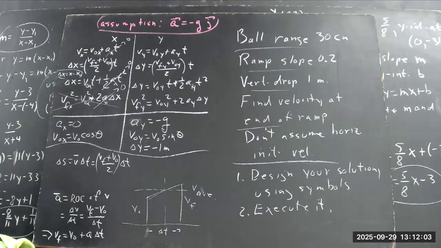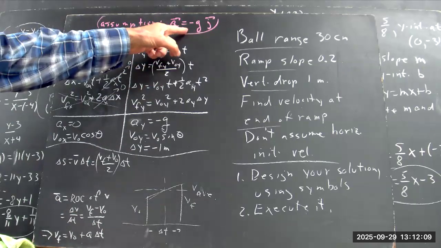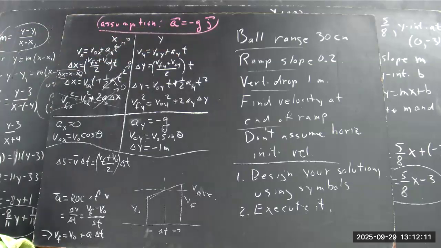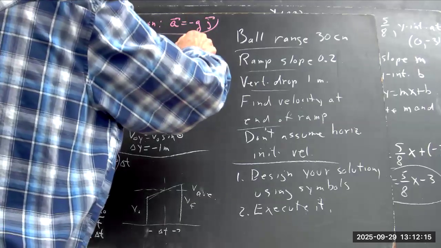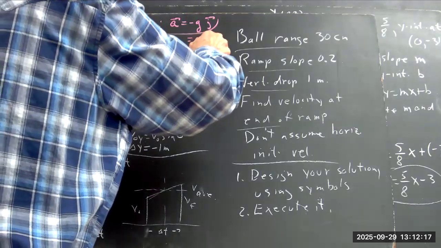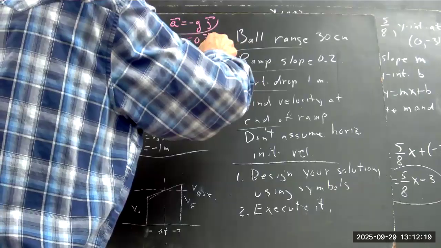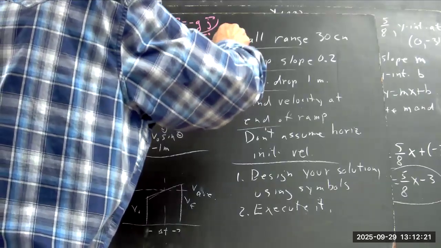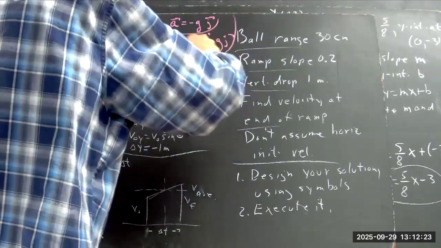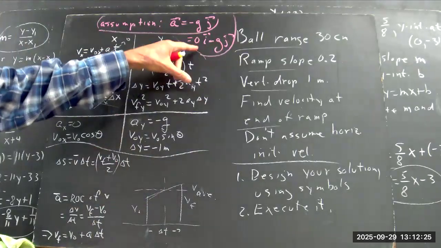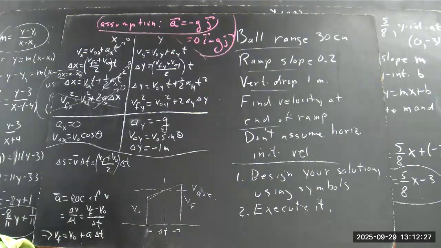In other words, the acceleration is in the negative y direction. That's all the acceleration, and this has no component in the x direction. So I could even emphasize that this is 0i minus gj. It's not necessary to write that out, but to just really make the point.